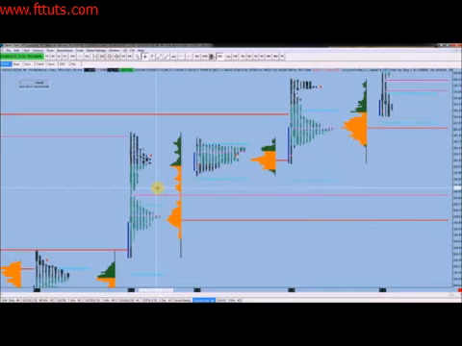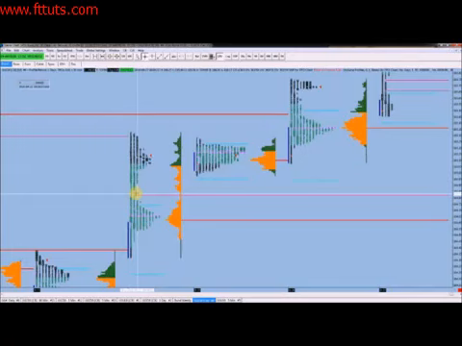Okay, so on this day, you would have spent the whole day thinking that we are going to be building a P-shaped profile, and then of course something happened, we broke higher and we shifted into a double distribution day. What is unlikely to happen is you're unlikely to find a market shift from balance to trend.